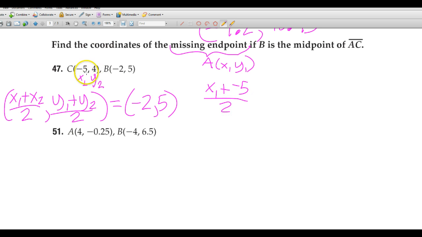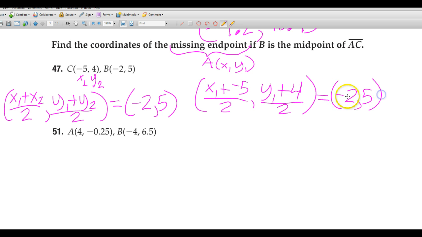So my x2 that I substituted in is -5. And my y2 is 4. And that will be equal to my midpoint. So set the first expression equal to the x-coordinate and the second expression equal to the y-coordinate and solve.